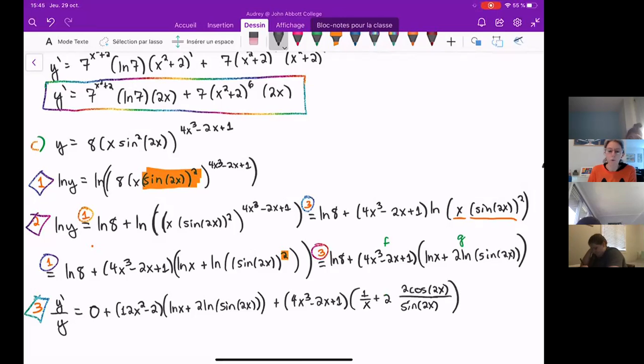Which has a little chain rule in it because when I'm doing the derivative of sine, I get cosine, but I need to multiply by 2.